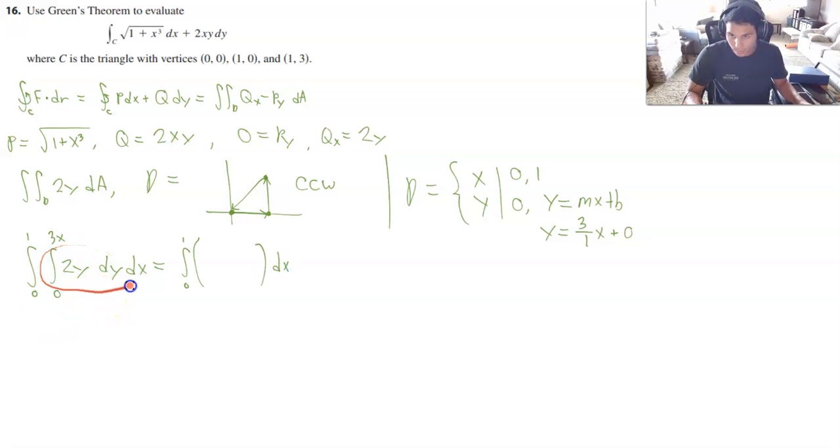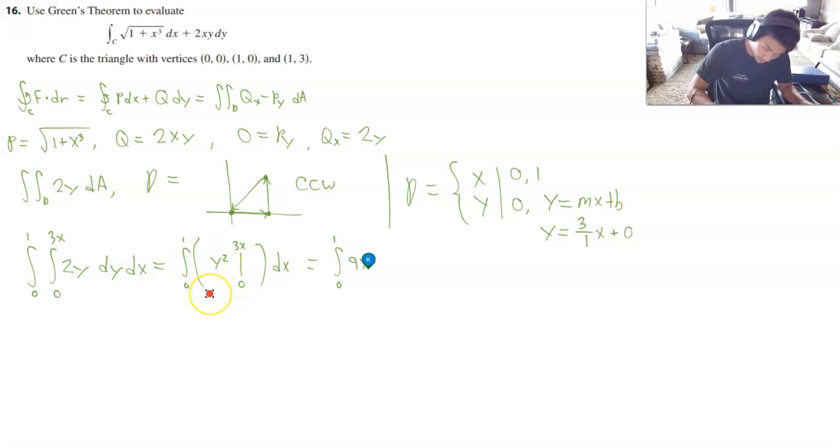So if we integrate this with respect to y, it's going to be y squared. And then we have to plug in 3x and 0. Okay, so now if we do this again, but plug in the bounds. So (3x) squared is 3 squared and x squared times each other, so it's going to be 9x squared, dx.